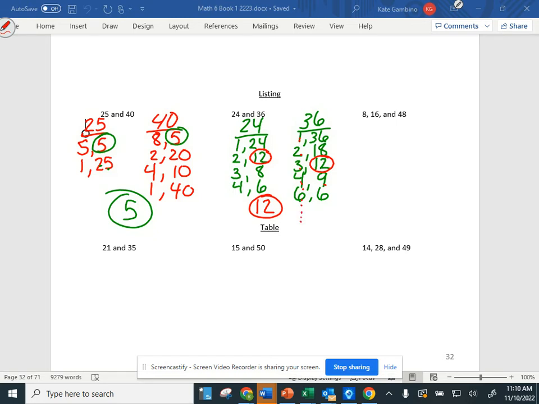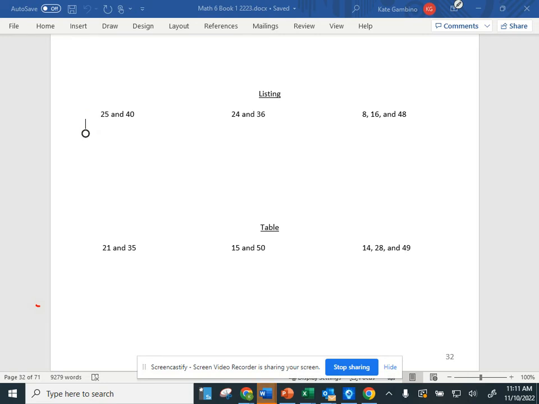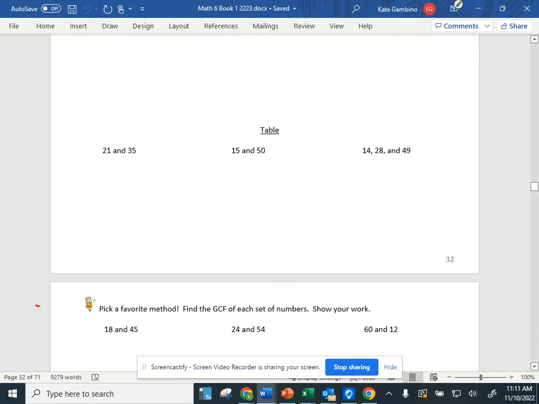I didn't write the 9 again because I already had it listed. I didn't have to do 9 and 4 because that's the same as 4 and 9. That way I don't miss any of my factor buddies. How do we feel about listing? Good. The listing seems easy, but it's easy to make mistakes on it. All right, you're going to do the 3 numbers on your own.